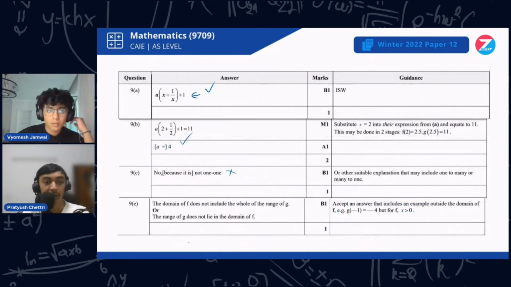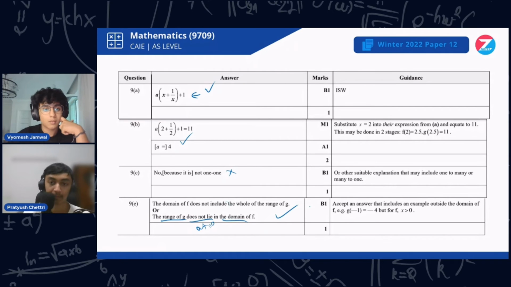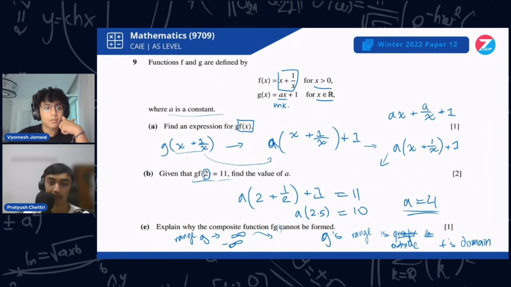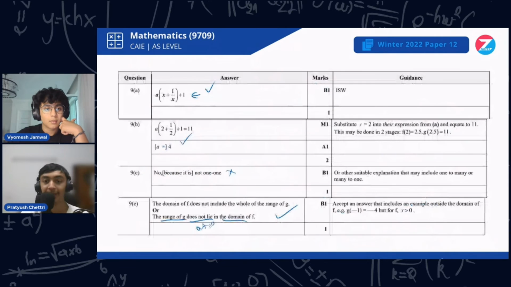And E, we did E. The domain of f does not include the whole of the range of g. Or the range of g does not lie in the domain of f. Sorry, range of g outside domain of f. Yes. Outside domain of f. Accept an answer that includes an example.